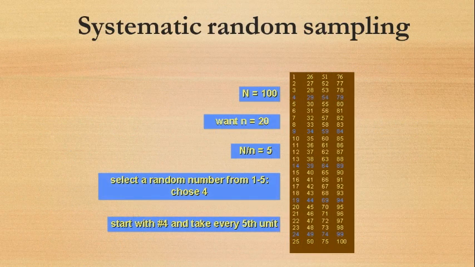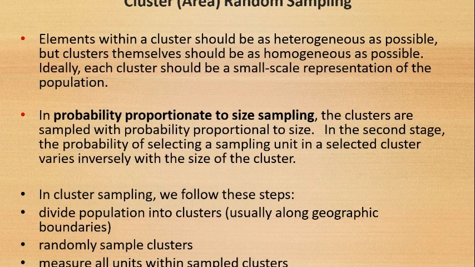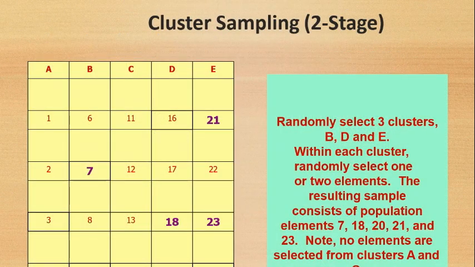Every unit has an equal chance. Stratified sampling. Divide the population into subgroups, then sample from each. Systematic sampling. Pick every kth unit after a random start. Cluster sampling. Divide into clusters, sample clusters, and study all units within them. Multi-stage sampling, combining methods to improve efficiency.